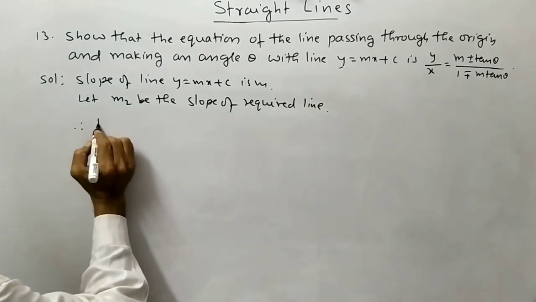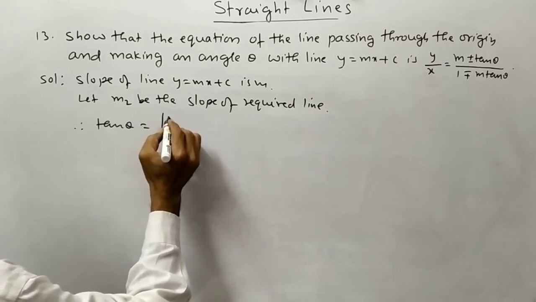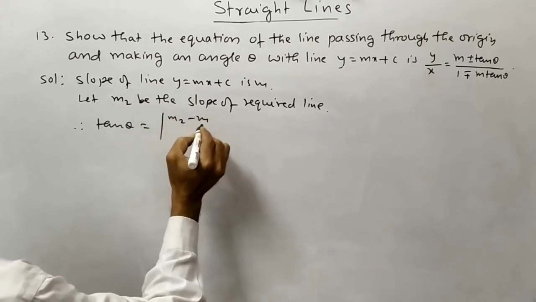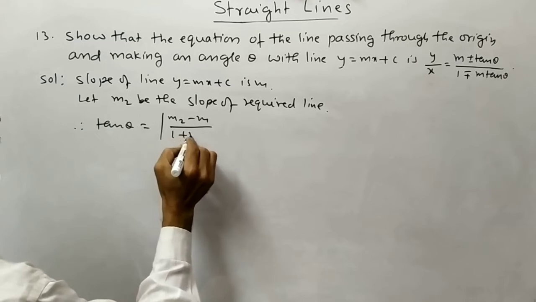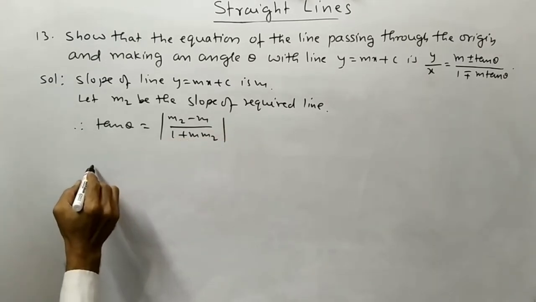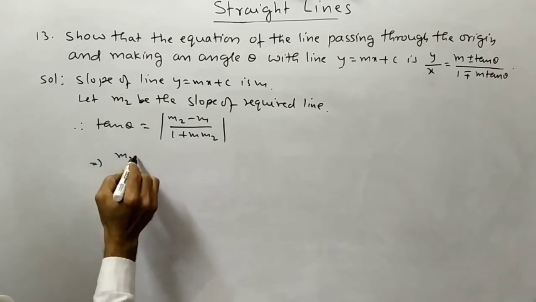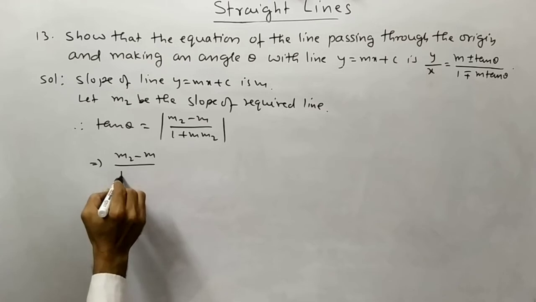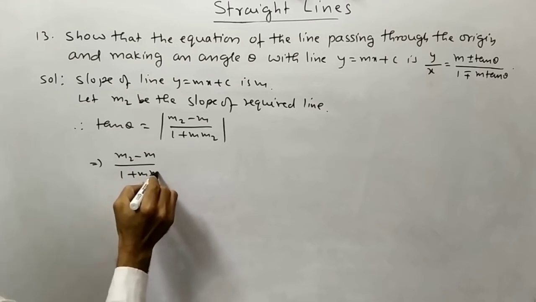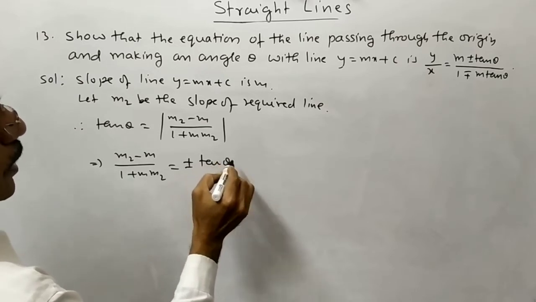Therefore, tan theta is equal to absolute value of m2 minus m divided by 1 plus m m2. This implies m2 minus m divided by 1 plus m m2 is equal to plus or minus tan theta.